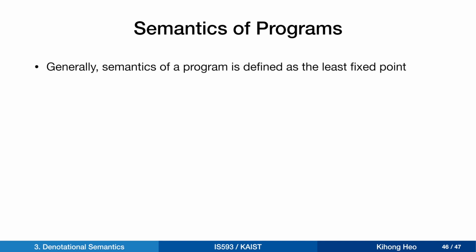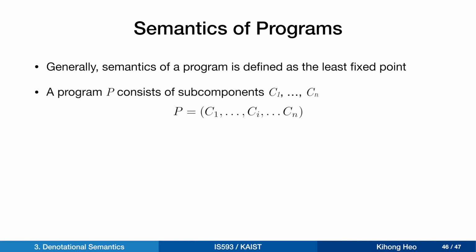So generally the semantics of a program, not just for the semantics of while, is defined as the least fixed point of a function. Suppose a program P consists of subcommands C1 to Cn. Okay, then we can define this program P as a tuple of C1 to Cn.